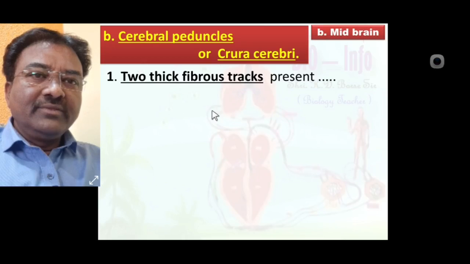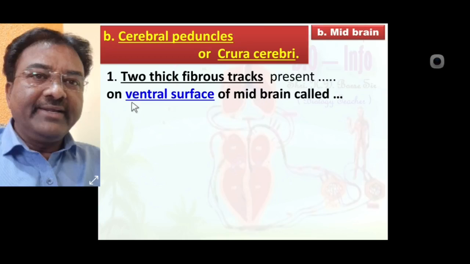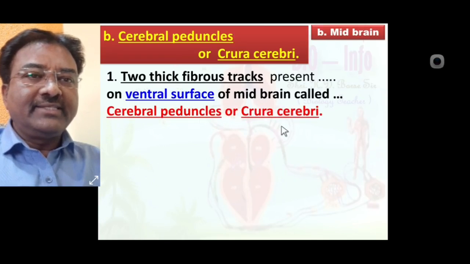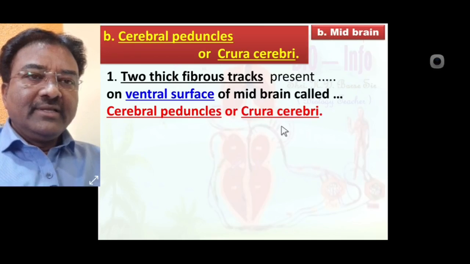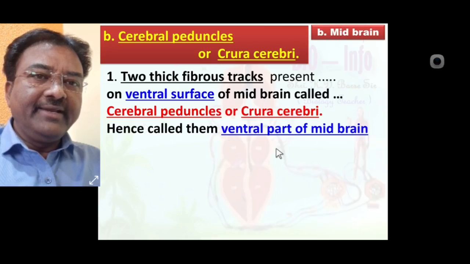Two thick fibrous tracts present on the ventral surface of the midbrain are called cerebral peduncle or Crura Cerebrae, hence called the ventral part of the midbrain, because this part is present on the ventral surface of the midbrain.